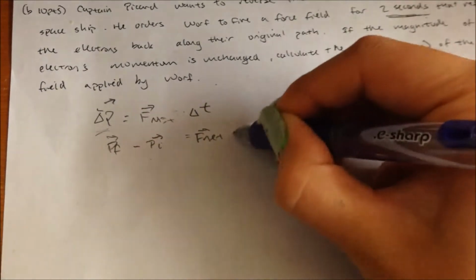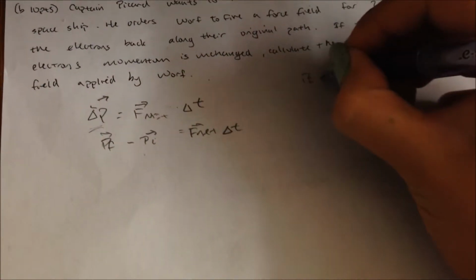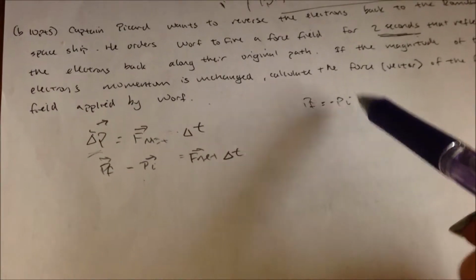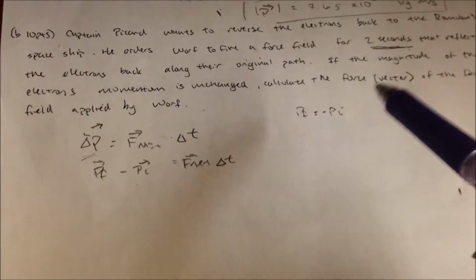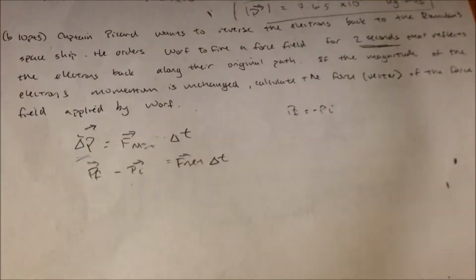Since the electron is getting reflected back along its original path, you know that the final momentum is just the negative of the initial momentum.